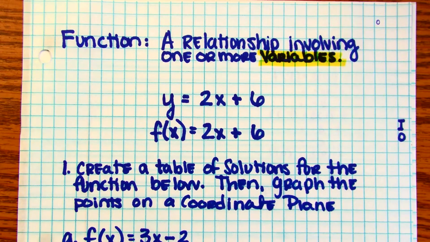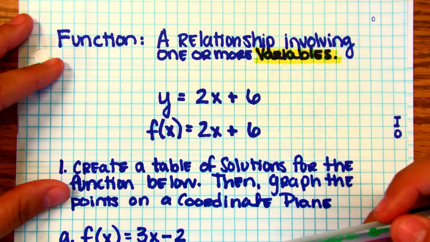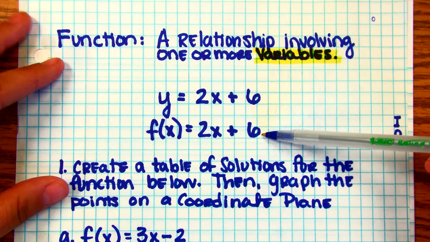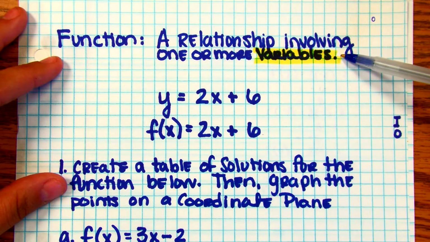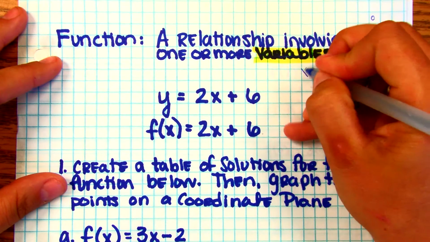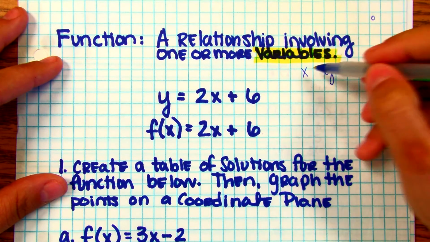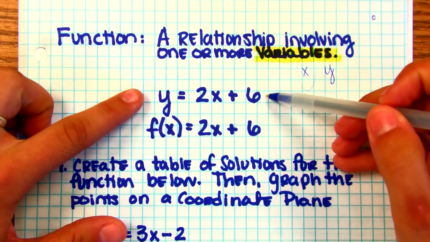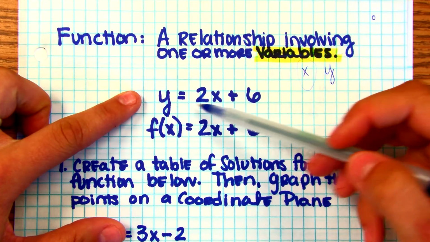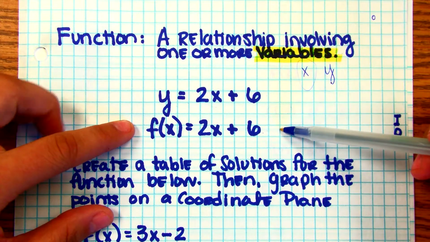Alright, so today what we're going to be doing is creating tables and graphs using function notation. A quick reminder, a function is a relationship involving one or more variables. Variable meaning x or y, and in this case the variable we'll be dealing with really is x. So here we have two equations, one with y equals 2x plus 6 and one with f of x equals 2x plus 6.